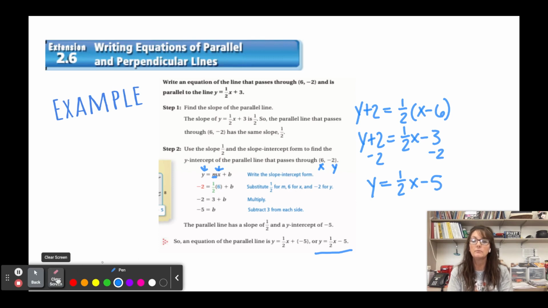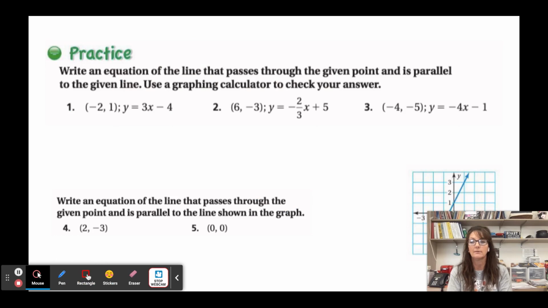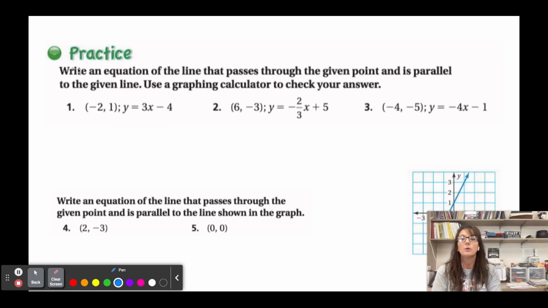So, okay, going right along. I just use the point-slope form. So if we know we're going to write an equation of a line that is parallel to the given line, and it goes through this point, well, if it's parallel, then we know it's going to have a slope of 3.